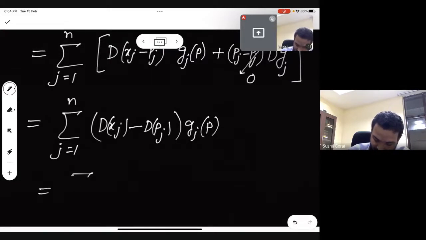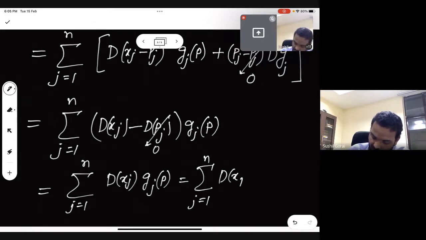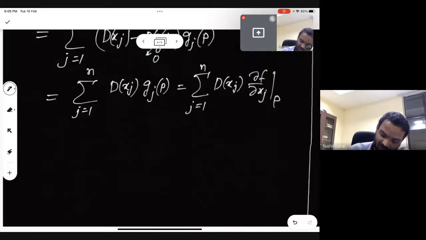So summation j equal to 1 to n D of xj, and this is 0, times gj(p). So this is nothing but summation j from 1 to n D of xj times del f by del xj at p. So what is the vector?